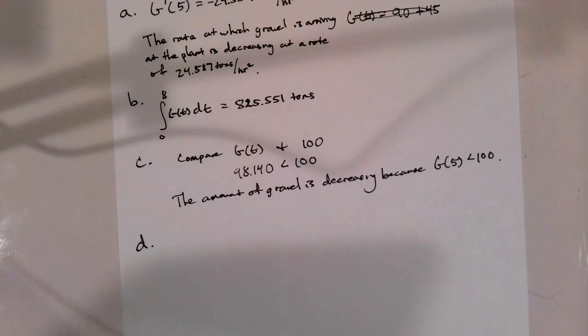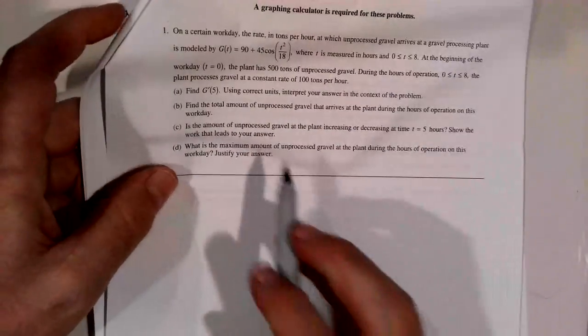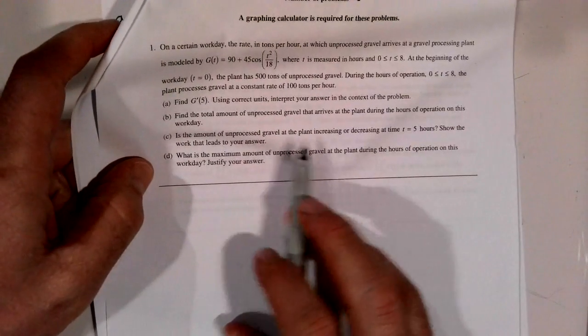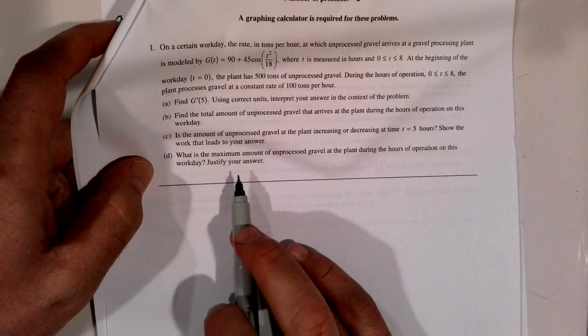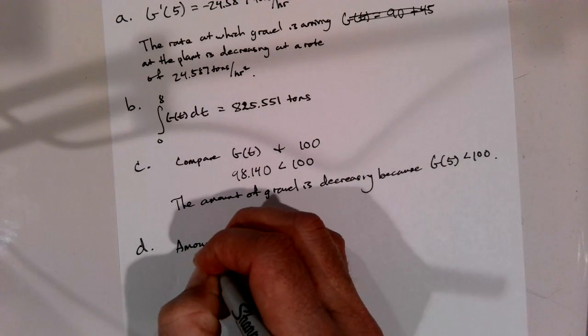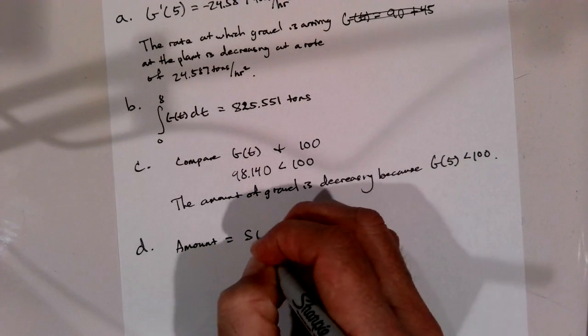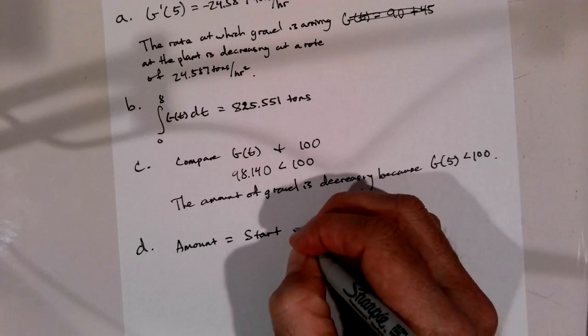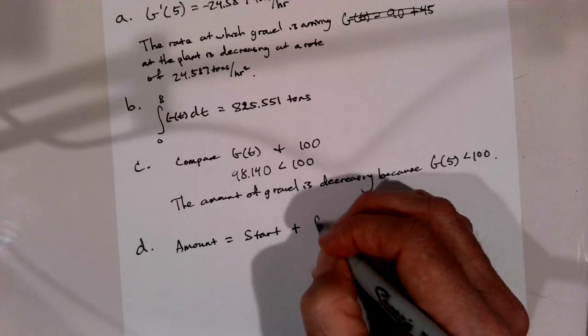Finally, it says, what's the maximum amount of unprocessed gravel at the plant during the hours of operation of the workday? Okay, so the amount is equal to the start plus whatever arrives.